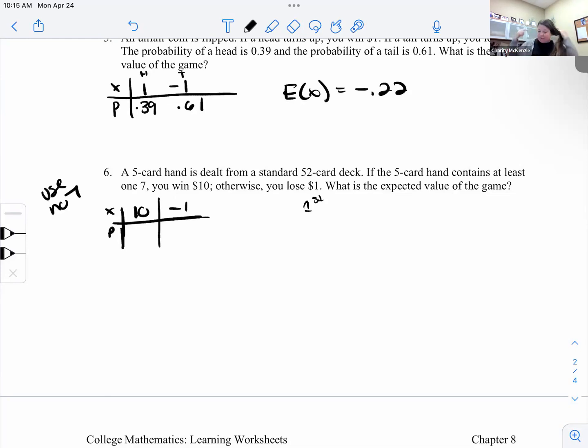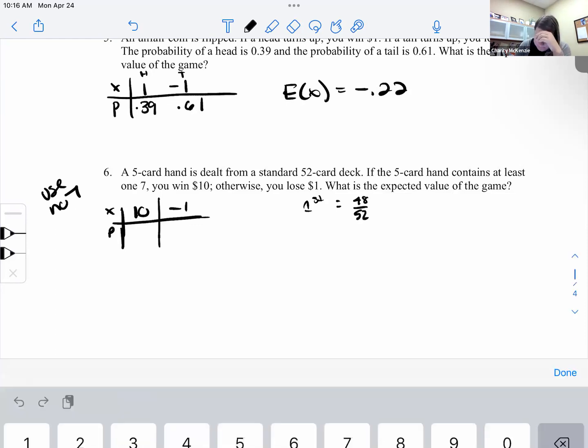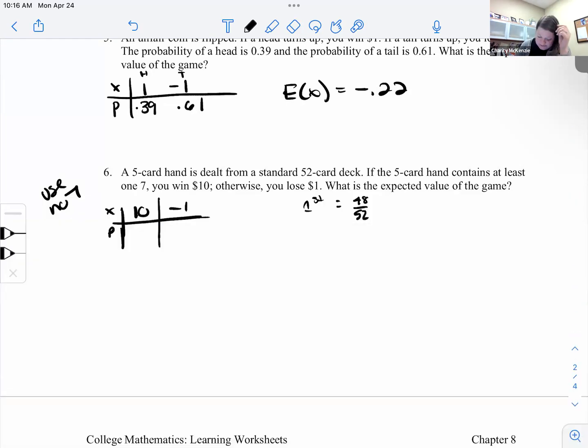So on our first card, what's the probability of not getting a 7? Well, there's four 7s, so there's 48 left, right? So the first card, you have 48 out of 52 of getting no 7. Your second card, not hand, it's all one hand, you have 47 out of 51, because now one card is dealt, right?